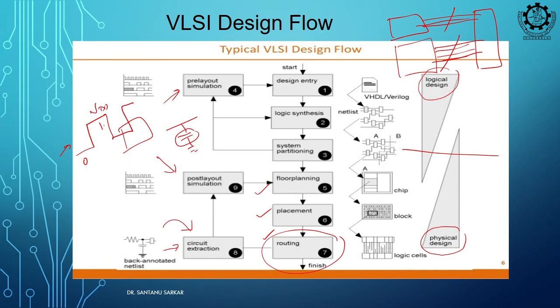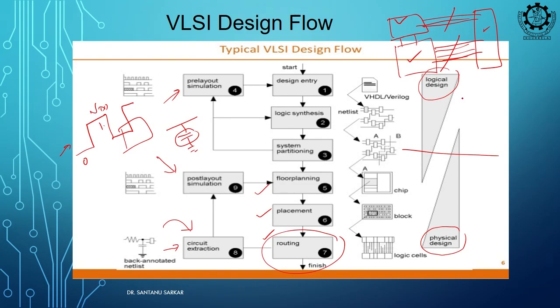Okay. Ideally we do not consider the area for this routing, but this routing may take an appreciable amount of area in your design. Interconnection may also be very complex. If your design is very complex and has so many interconnections, we try to place whichever two blocks have more interconnections close to each other.